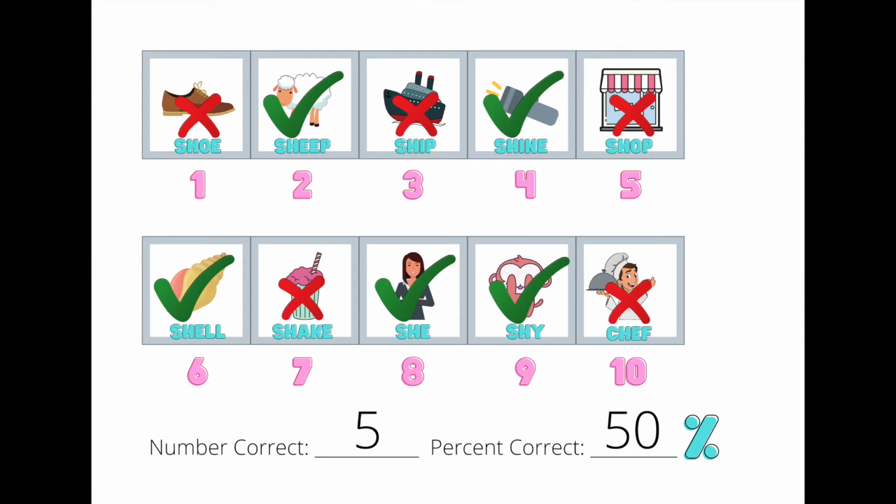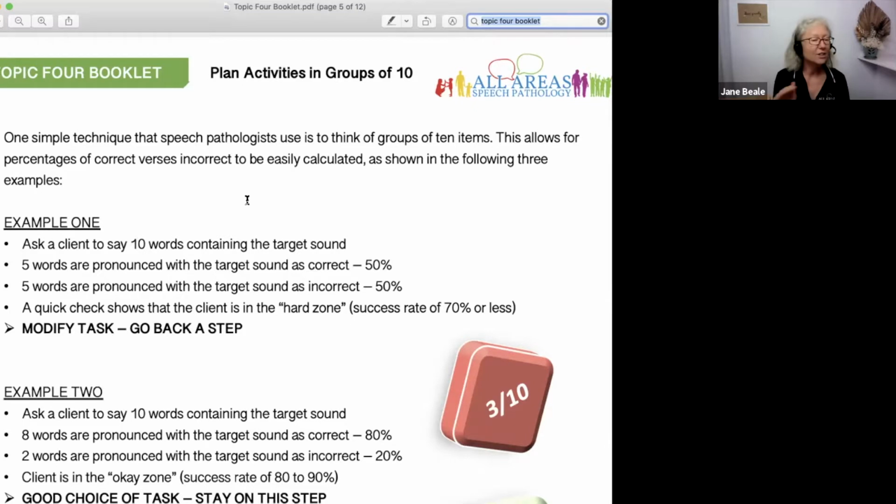What we might notice is 5 of the words are pronounced correctly, but 5 of the words are pronounced incorrectly with a D. So instead of saying shoe, the client said do. We can see that actually only getting 5 out of 10 right means the client's in the hard zone. So we're not going to stay there.